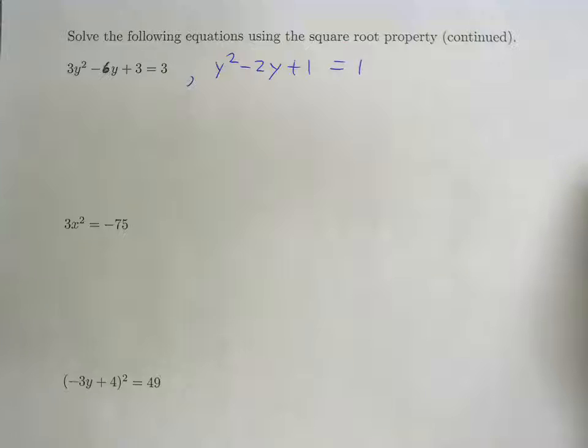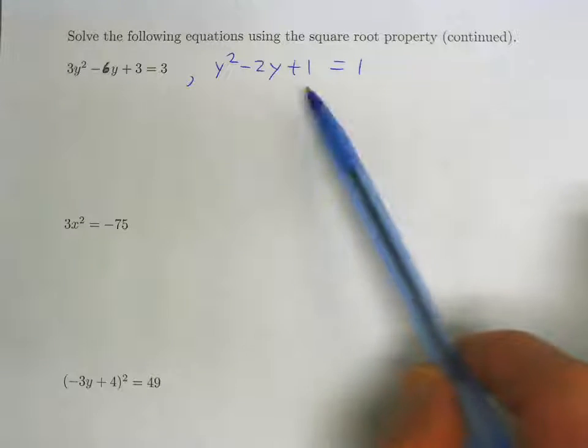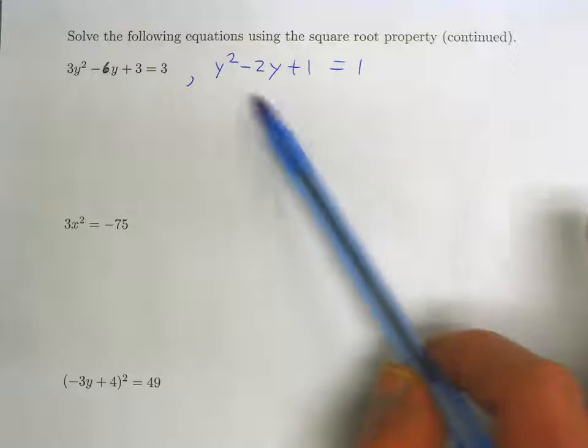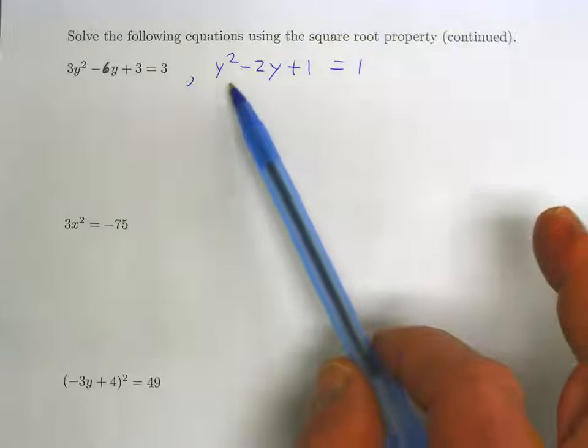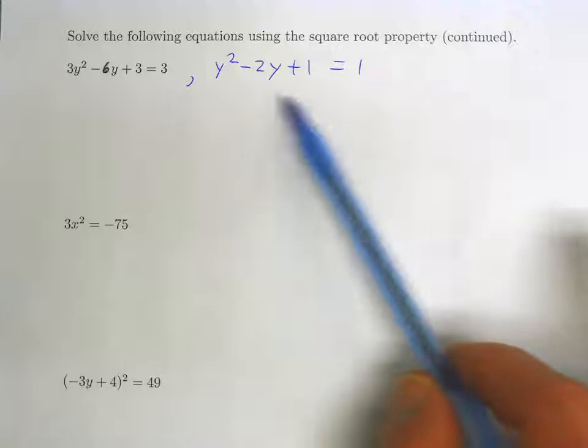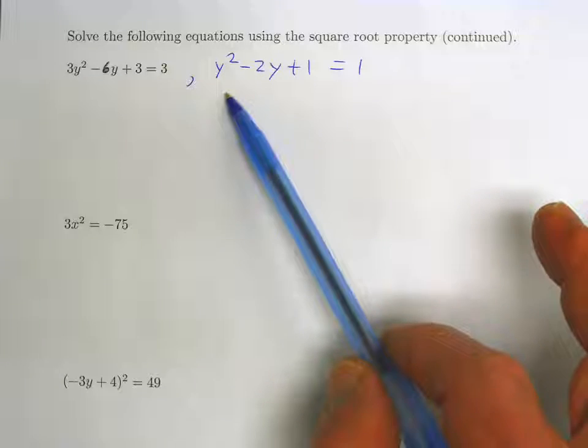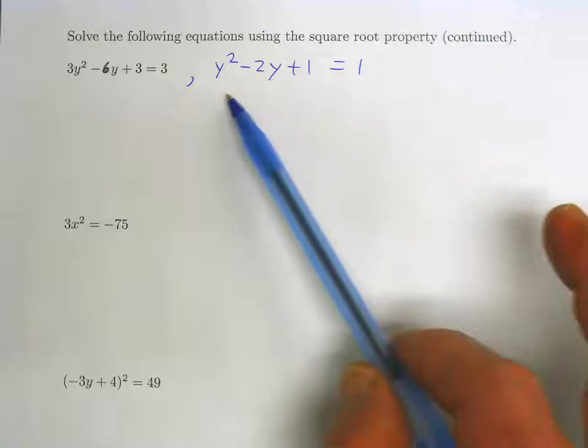Perfect square trinomials, that's one of the main topics of Math 1108. Perfect square trinomials come up again and again and again. So it's useful to know when you are looking at a perfect square trinomial. When you factor a perfect square trinomial, the two factors are identical.